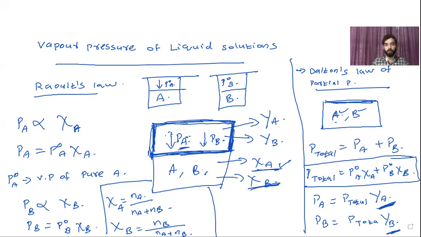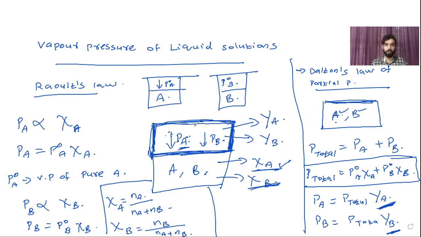Along with Raoult's law, we need this much also to solve problems. According to Dalton's law of partial pressures, we have P total equal to PA plus PB. So we substitute Raoult's law in that, and we get an equation to calculate the total vapor pressure of the solution and mole fraction in the vapor phase.